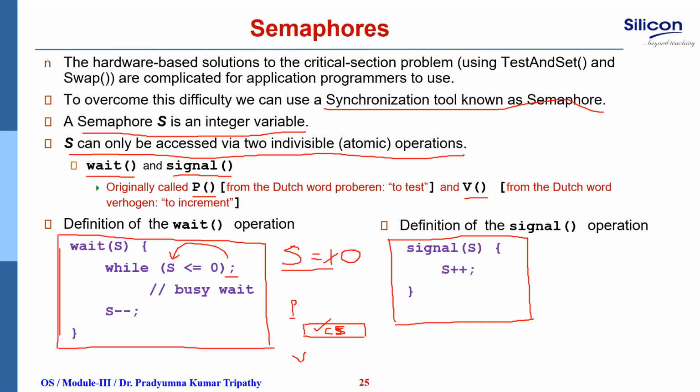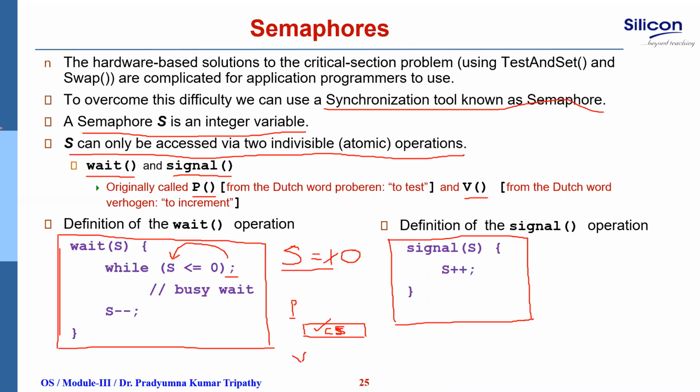As long as S is 0, it is spinning without doing any work, continuously checking the status of S. So it doesn't allow any other process to enter into the critical section.